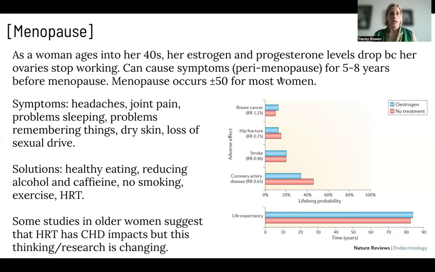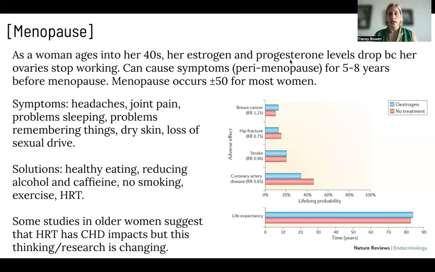So symptoms of the perimenopause situation can be headaches, joint pain. More than about 60% of women have joint pain in their fingers and toes or in their knees, can relate to the problem sleeping, problems remembering things, dry skin, loss of sexual drive.